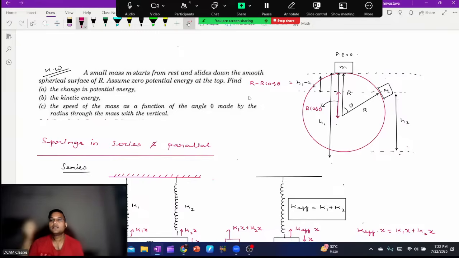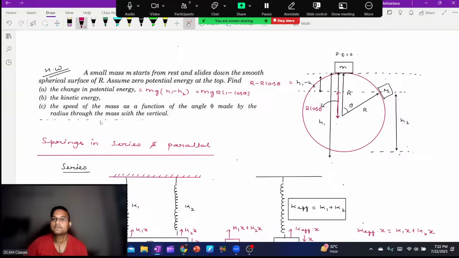Correct? So what is the change in potential energy? Change in potential energy is mg into h1 minus h2. So it will be mgr into 1 minus cos theta.